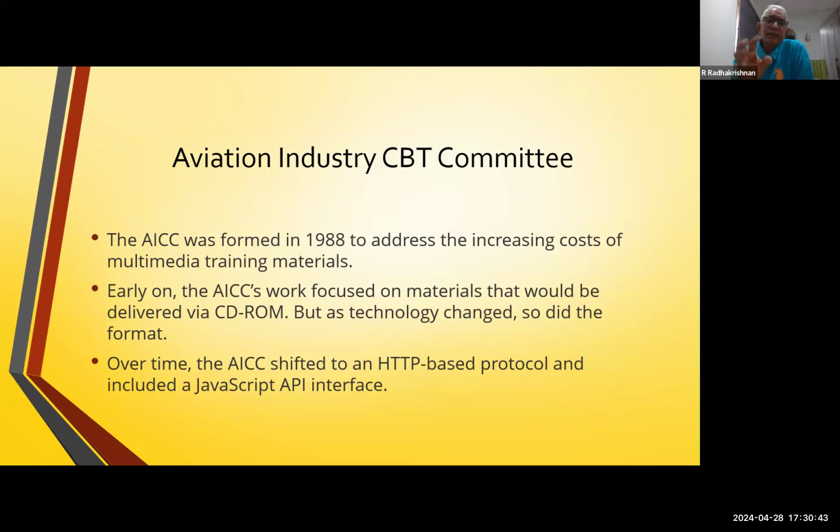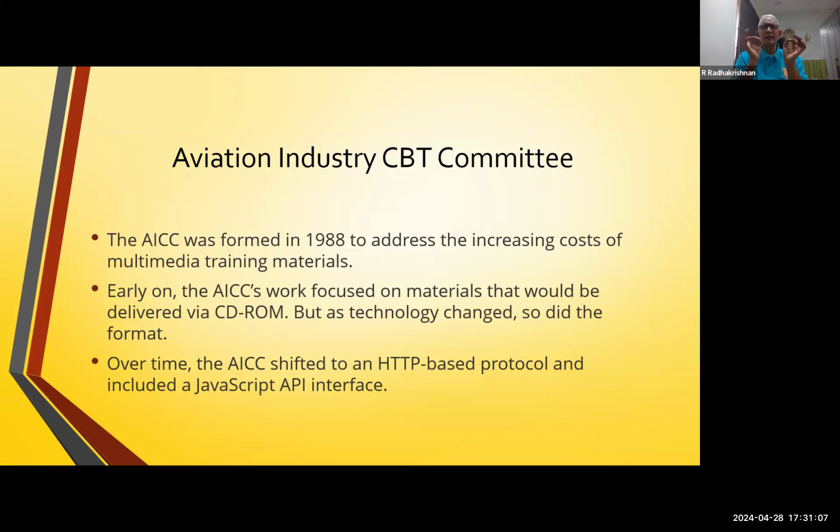So this aviation industry was requisitioned to develop standards, and they developed standards for building e-learning material, managing the e-learning content material and porting it onto the learning management systems.